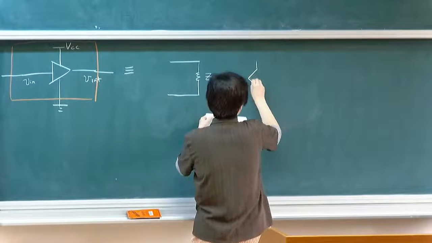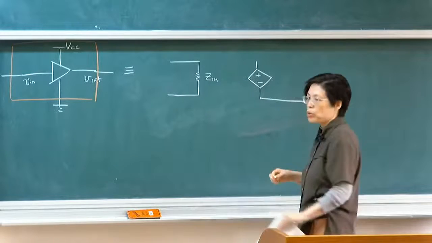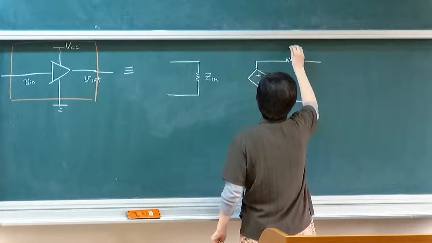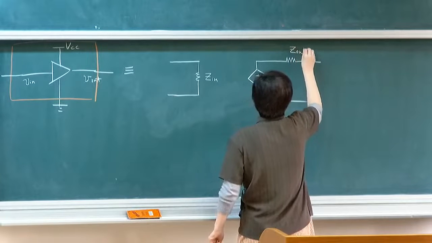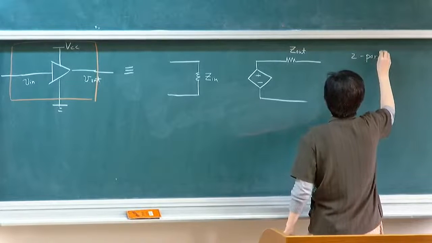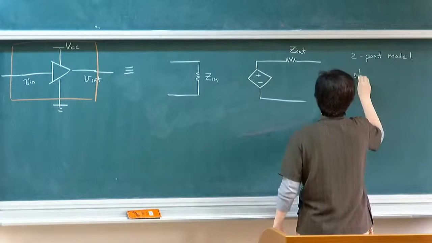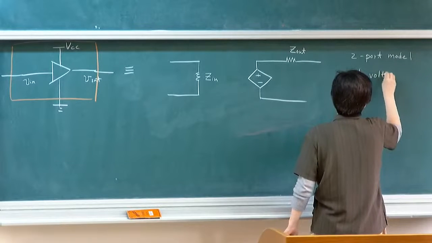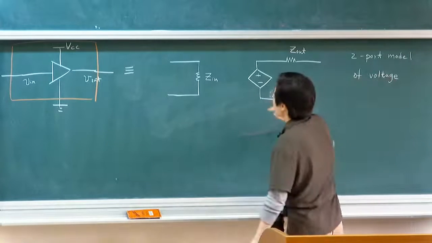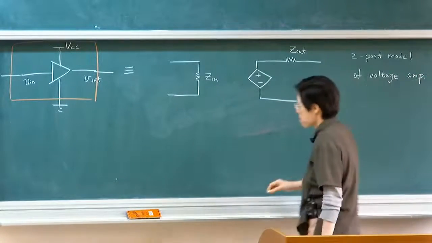And then, because it's a voltage amplifier, I'm using a voltage controlled voltage source, and then the output. So this is a general two-port model of a voltage amplifier to describe how the input and output signal voltages relate.